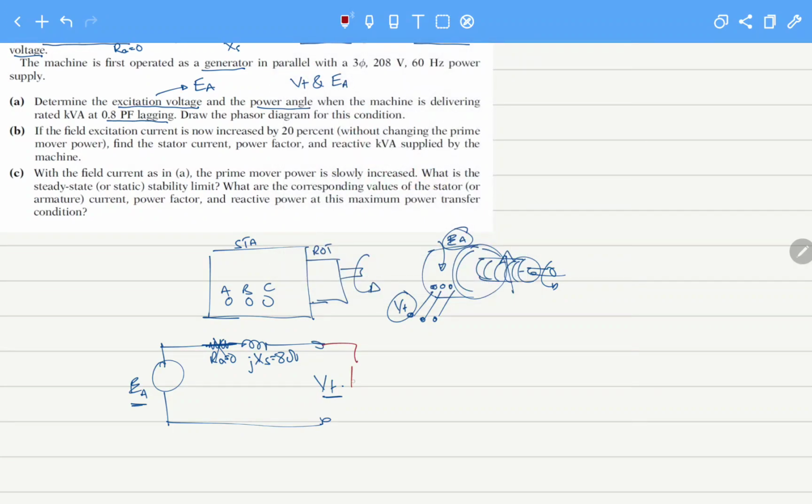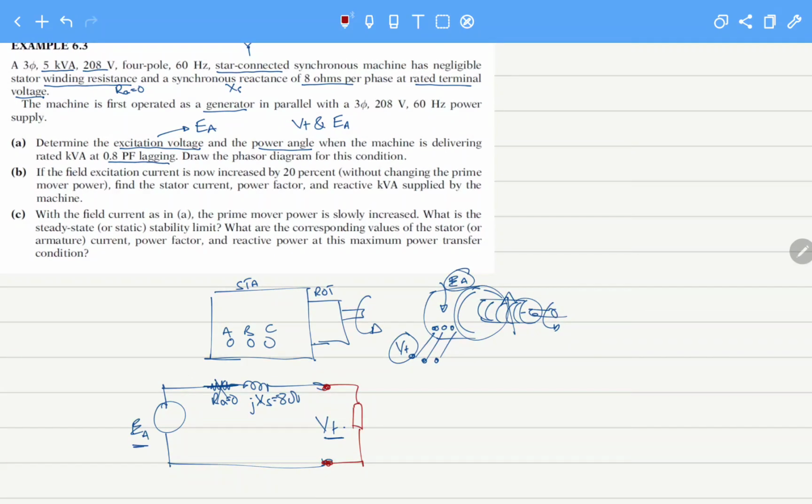Now the load is connected, this is not open circuit characteristics. The rated terminal voltage has negligible stator resistance and synchronous reactance of 8 ohms per phase at rated terminal voltage.